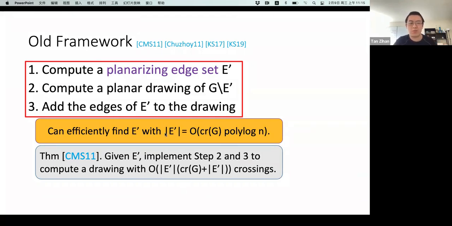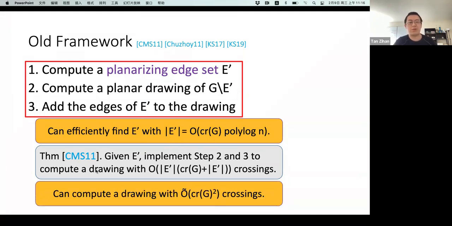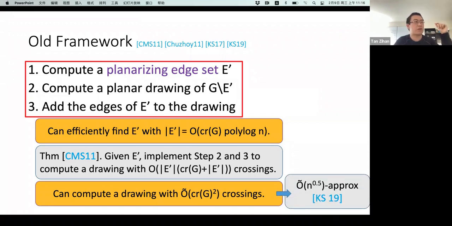If we incorporate that E' is bounded by CR(G), then we can compute a drawing with CR(G) squared crossings. Together with the very first result by Leighton and Rao, this gets us a square root of n approximation. This is exactly the way that the square root of n approximation is achieved by the Kawarabayashi and Sidiropoulos paper. Sorry, the hard part is step 3, adding the edges back to the drawing.